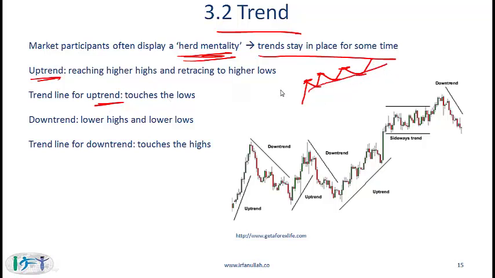So remember this point, with an uptrend, the trend line connects the lows. With a downtrend, you have a situation like this. Stock is going down. The lows are lower and the highs are also lower. The trend line for a downtrend touches the highs.